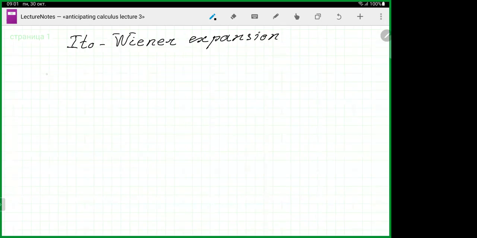We considered a random variable which has standard normal distribution.